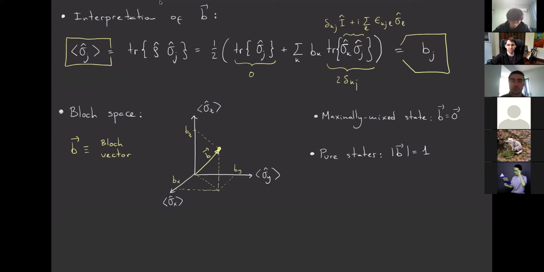And for pure states, there is a very nice parametrization, because when I say that in this space we set the magnitude of B equal to 1, this means that this vector has modulus 1.